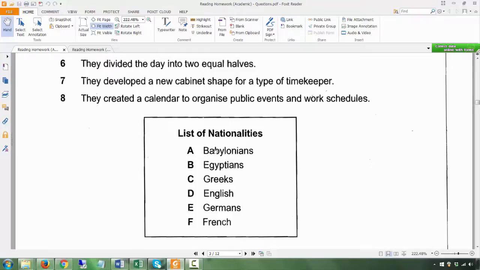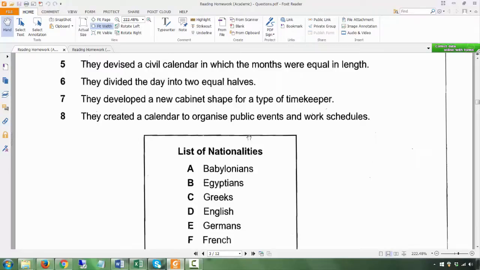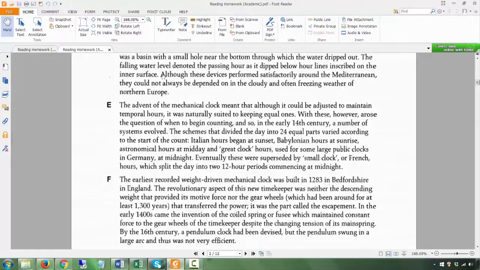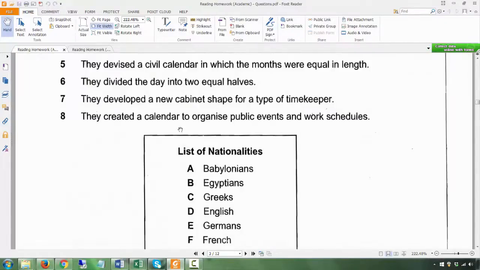So for example, if this is a name of a person, that's another name of another person. If you want to know whether 5 is related to this person, then all you gotta do is go to the reading text and find the person's name, and then basically it's the information given. Does it match question 5?